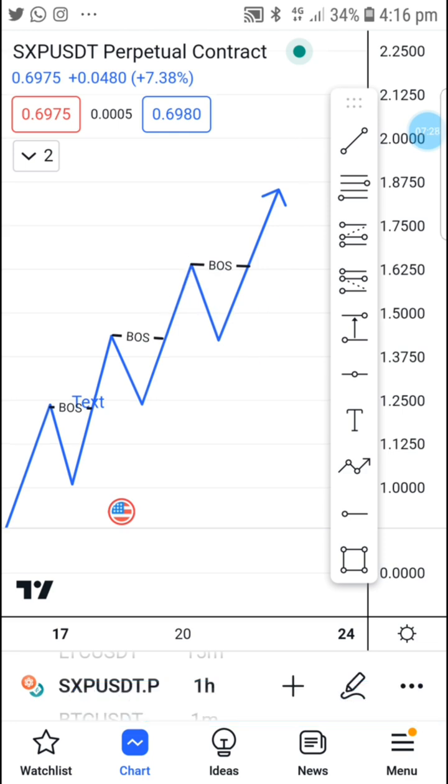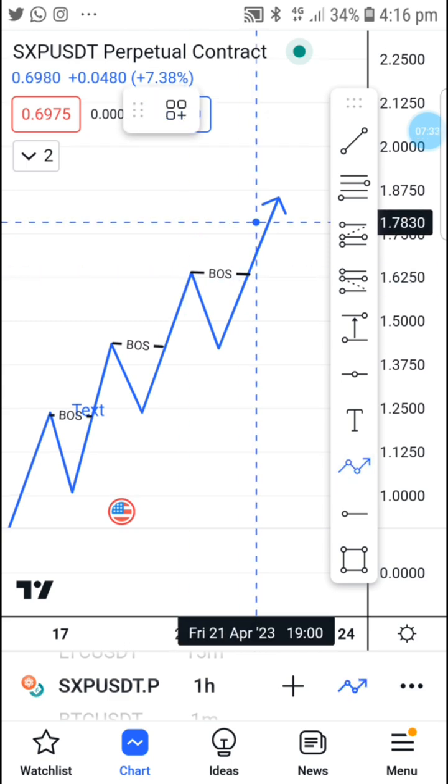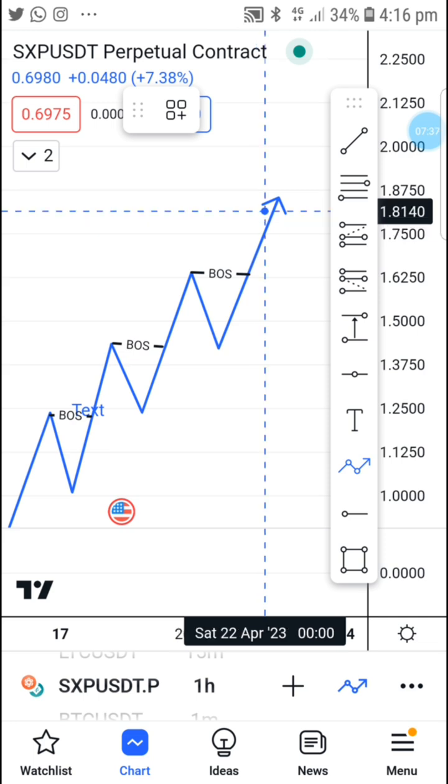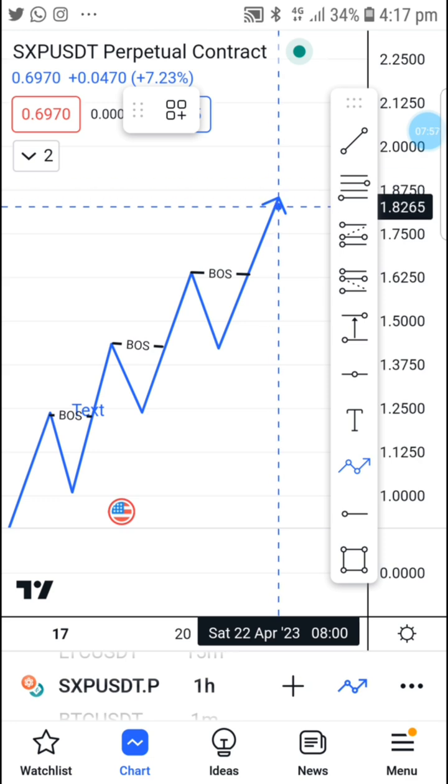So for instance, when you are seeing higher highs and higher lows in an uptrend market like this, maybe this is your 4 hours time frame. And when you have analyzed the market, break of structure, everything, and you have seen that the market is in an uptrend on the 4 hours time frame, you just come over to the recent candle. Are you getting my point?